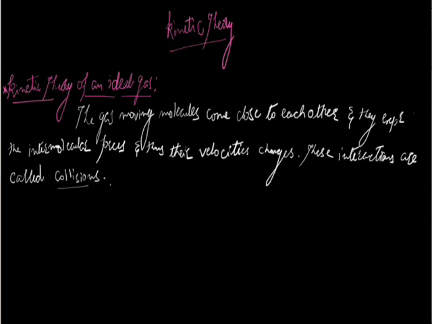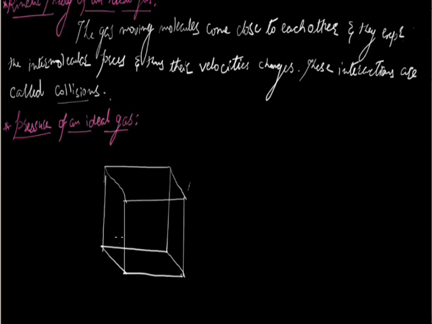Now come to the topic pressure of an ideal gas. For this, you need to consider a gas enclosed in a cube of side L. We can draw a diagram for this. It will be something like that.